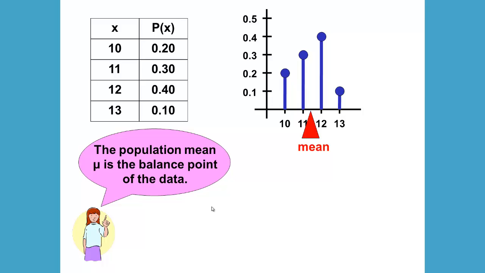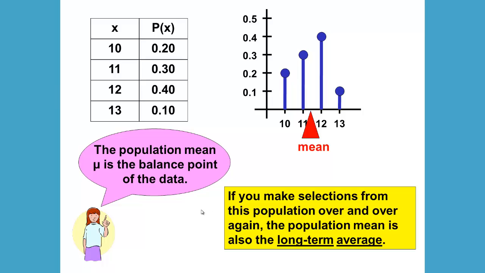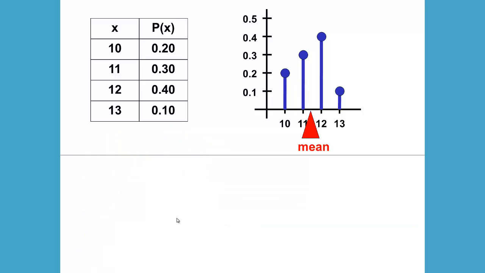We want the weight, and that's in quotes, to be the same on both sides of the mean. If you make selections from this population over and over again, the population mean is also known as the long-term average. So, for the population average, here are the numbers to calculate it.